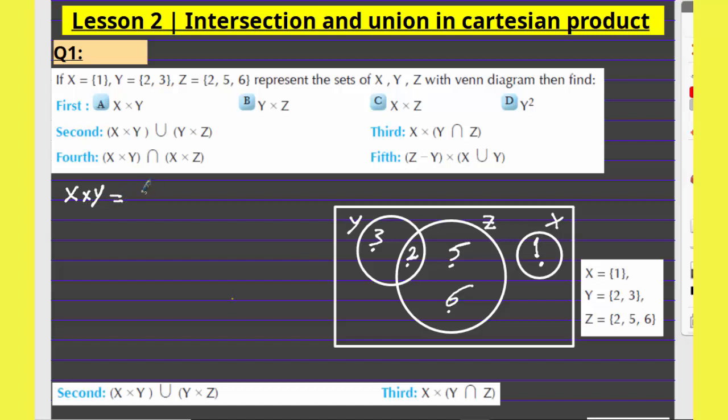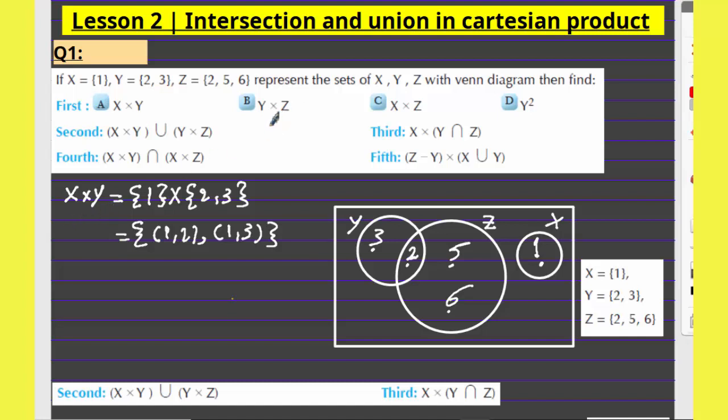So we write x, {1}, multiply, or you can say cross, y, here we have 2 and 3, so the result equals another set whose elements are a set of ordered pairs: (1, 2), (1, 3). So this is the product of x and y. This is a Cartesian product.